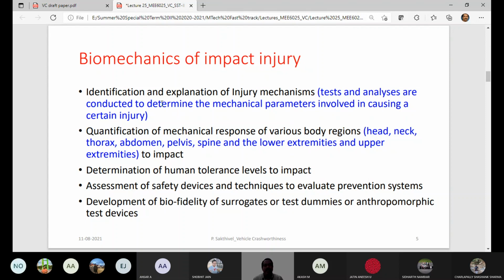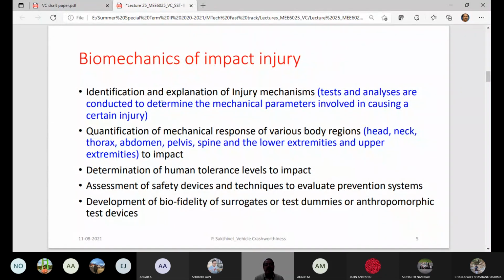So identification and explanation of injury mechanism through different tests and analysis is the first aim of biomechanics of impact injury studies. The second objective is quantification of mechanical responses of various body regions. It's all about the interaction of the driver or occupant with the vehicle during the collision. How the mechanical response of the body regions is quantified is the next aspect of this study.